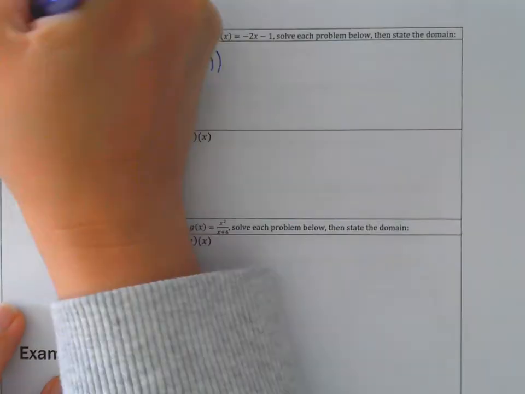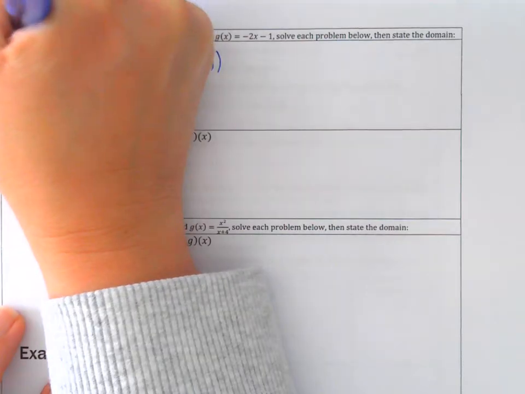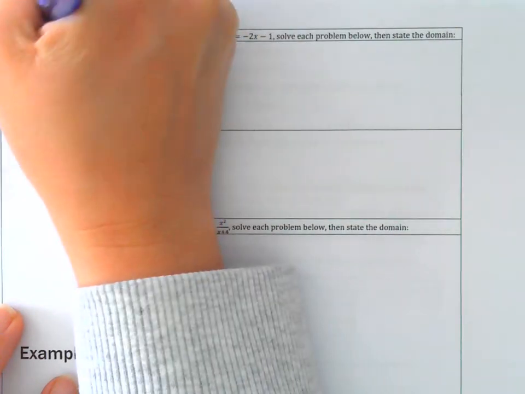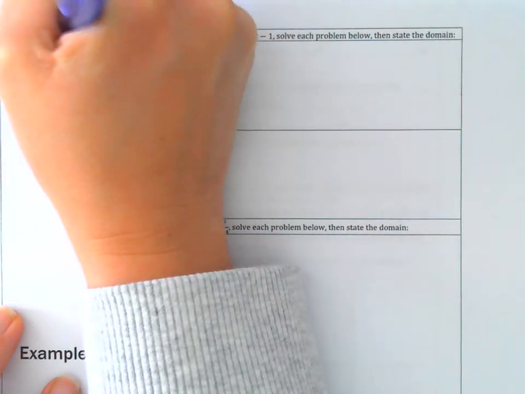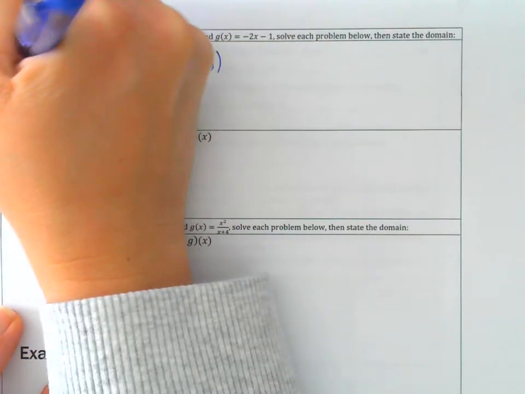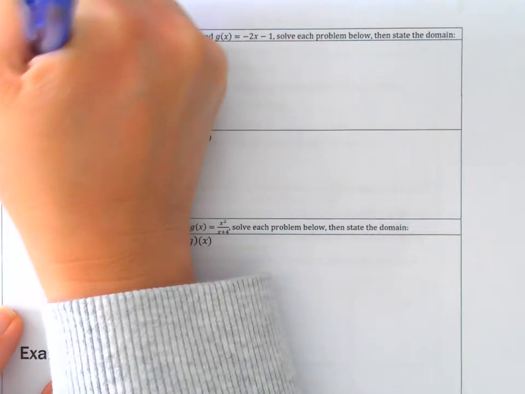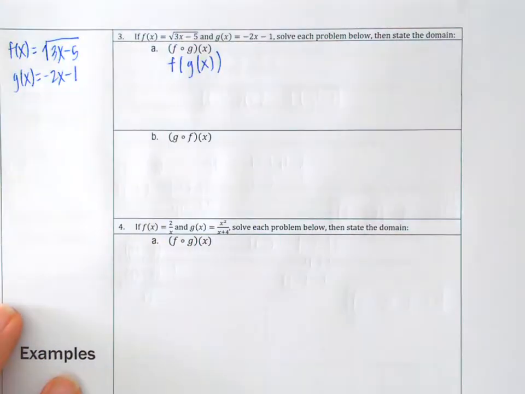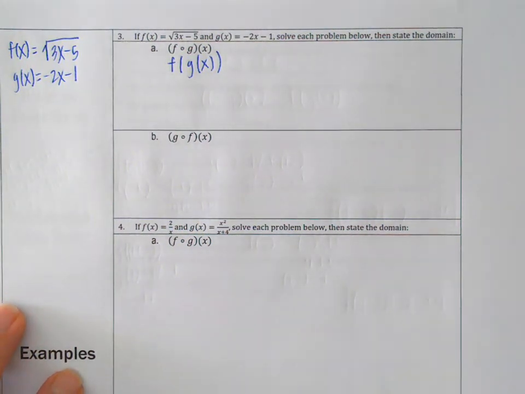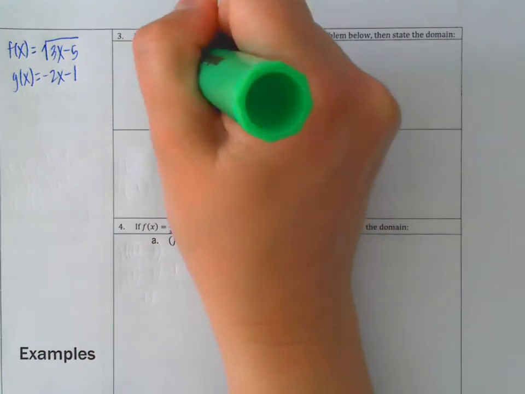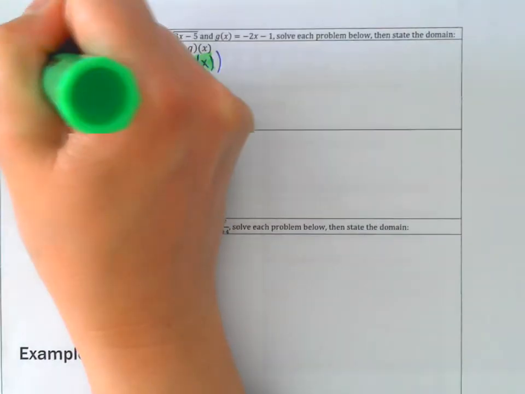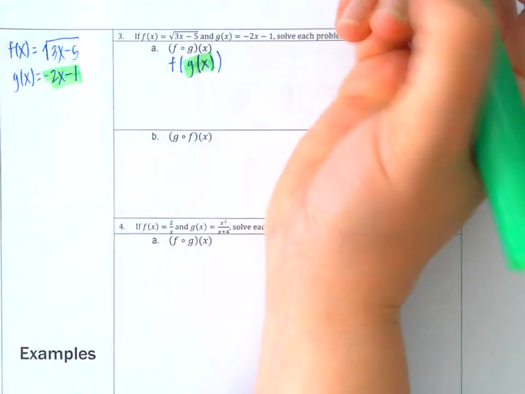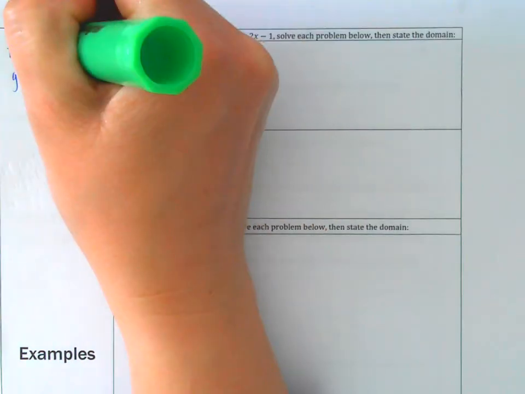Okay, so f of x is equal to the square root of 3x minus 5, and g of x is equal to negative 2x minus 1. So when it says f of g of x, that means we're going to take g of x, the entire function, negative 2x minus 1, and plug it into the function f wherever there's an x.